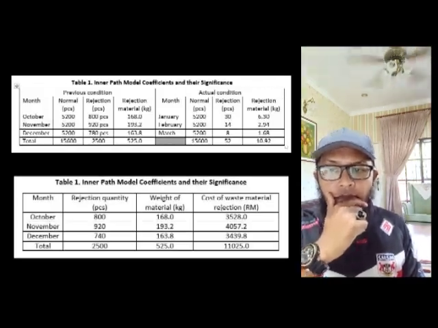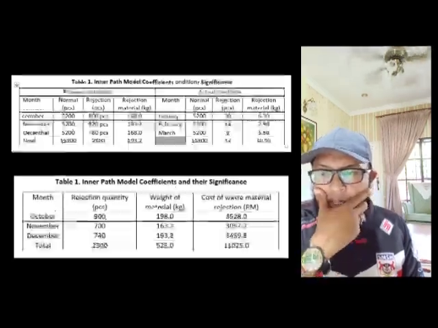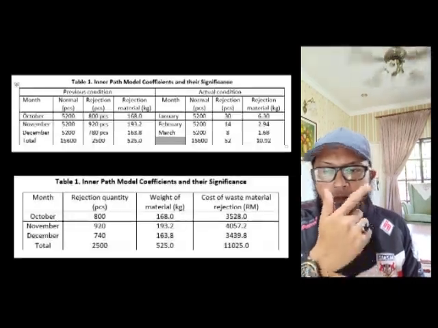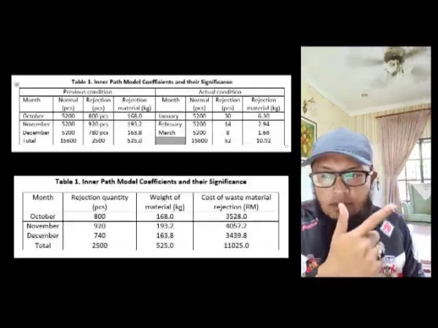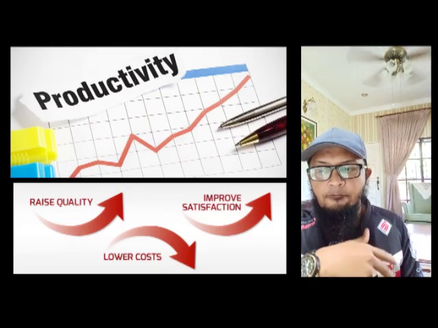This jig helps the company in many ways. For example, it increases the productivity of the company, reduces costs in material consumption, and reduces the cycle time in the process for these parts.